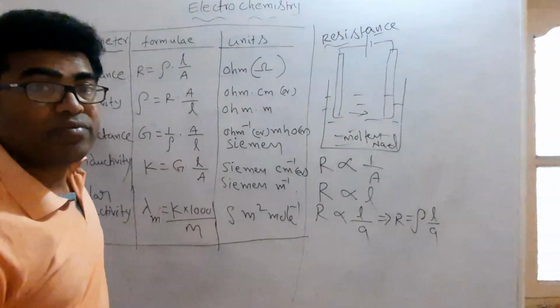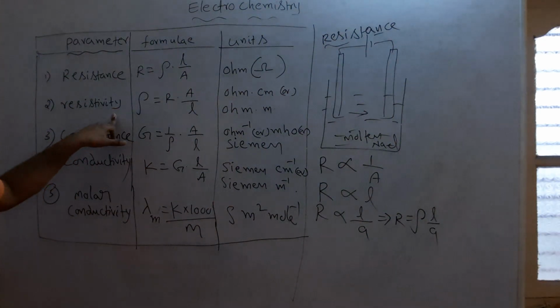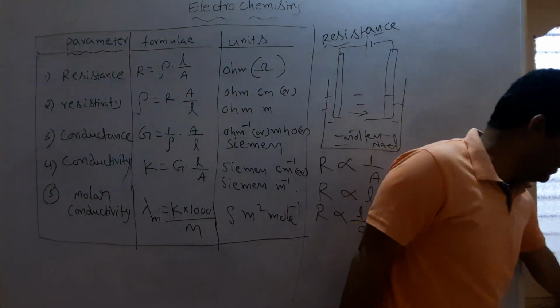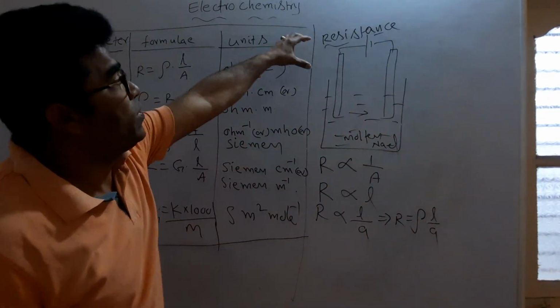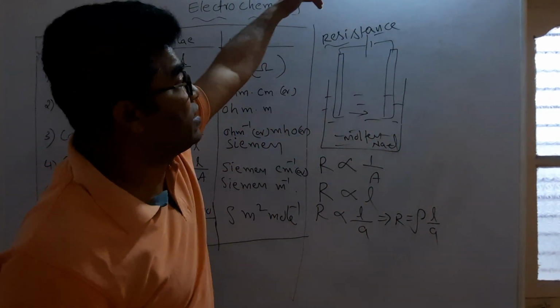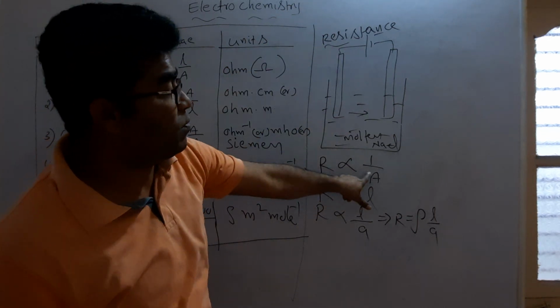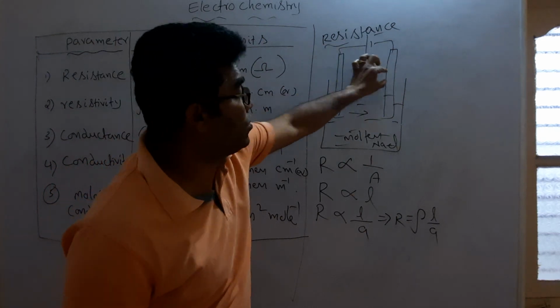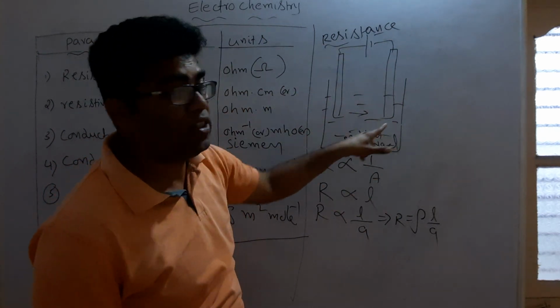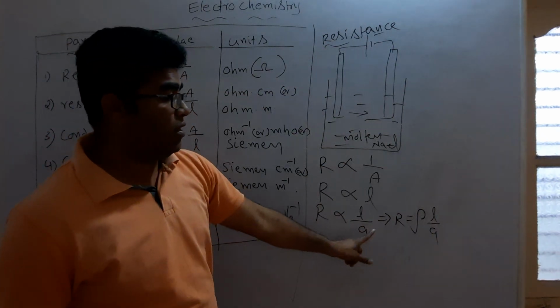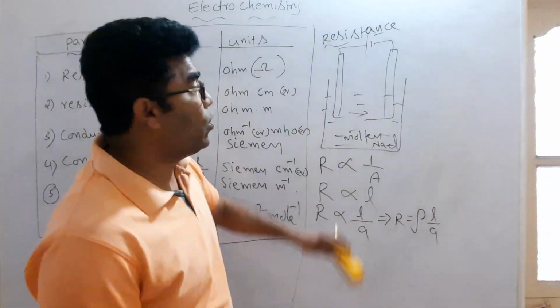Another name for specific resistance is resistivity. Once again, this is an electrolytic cell. When electricity enters this cell, the resistance is inversely proportional to the area of the electrodes and directly proportional to the length between the two electrodes. Therefore, R is proportional to L by A, which implies R equals rho into L by A.